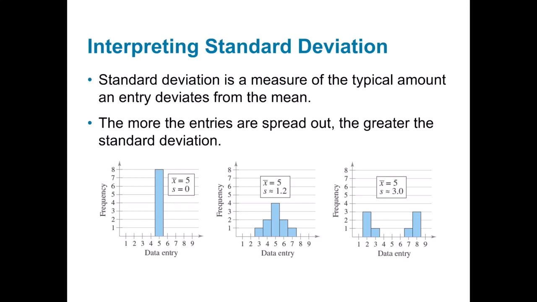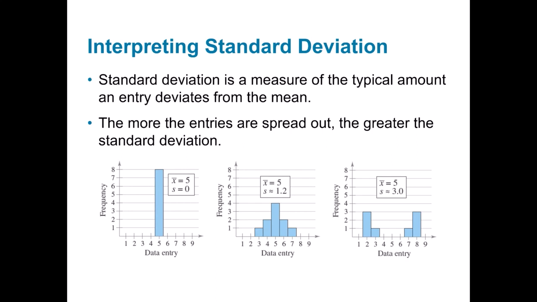So if I look here, all three of these data sets have a mean of 5. And my standard deviation is increasing as I go across. So standard deviation of 0 means my data is not spread out away from the mean, right? So all of my data is right here at 5. So I increased that standard deviation a little bit. So standard deviation is 1.2.